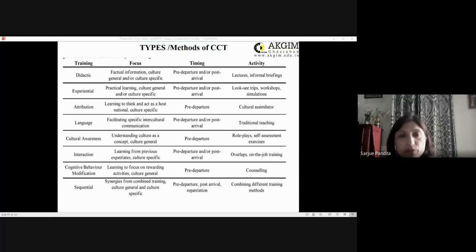Obviously fluency will take months, or sometimes even years to attain. But this method is often used in CCT and is an effective way of preparing an expatriate, since lack of language skills can slow down the adjustment process.